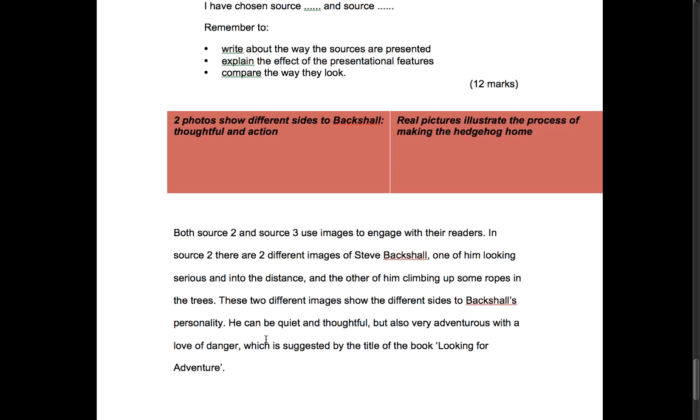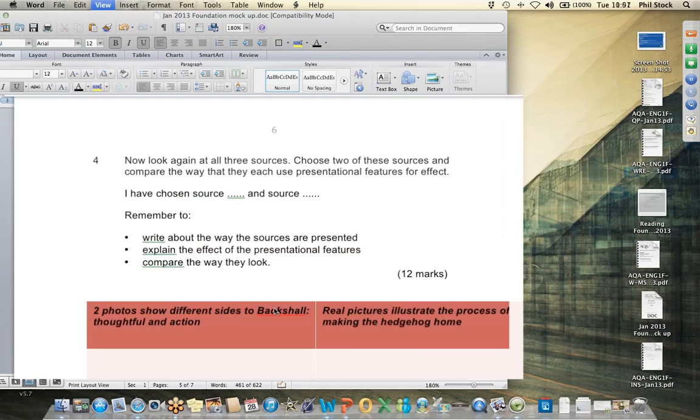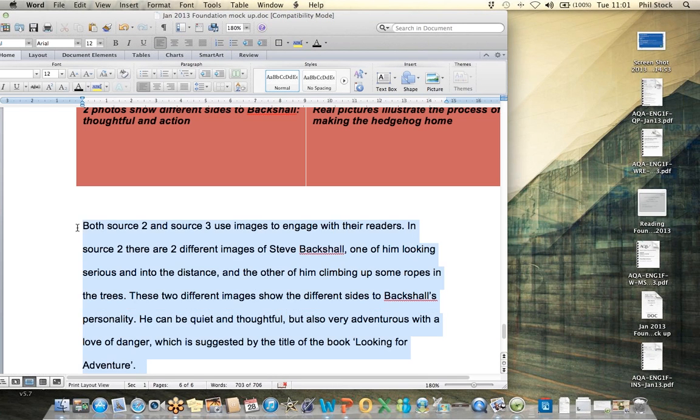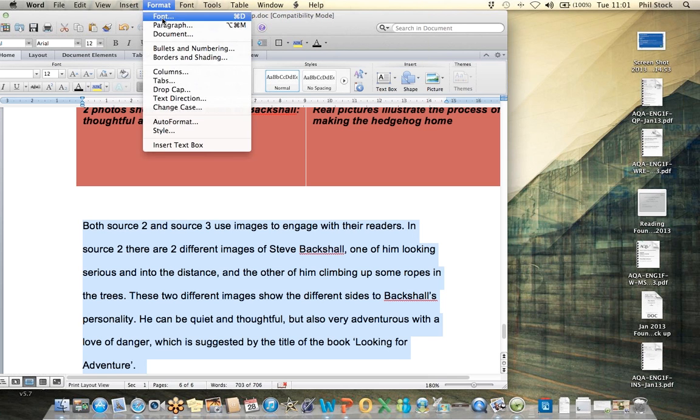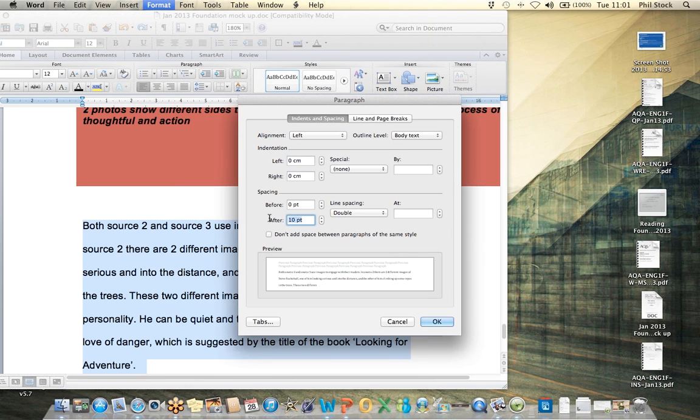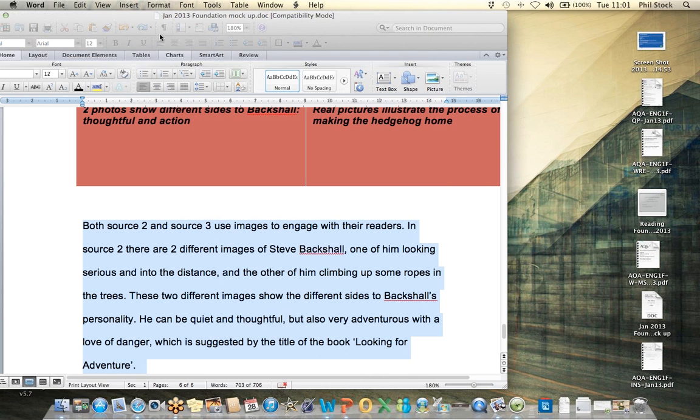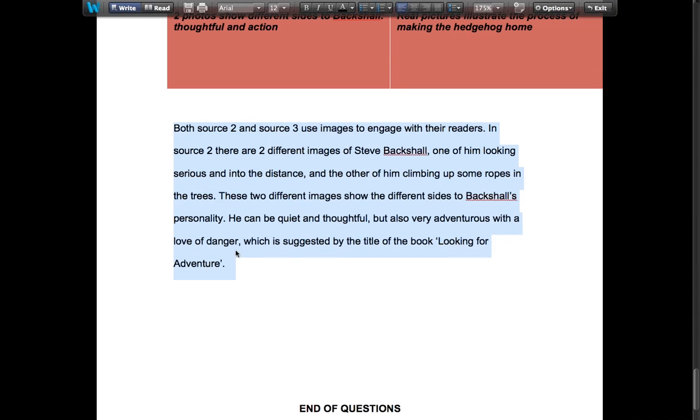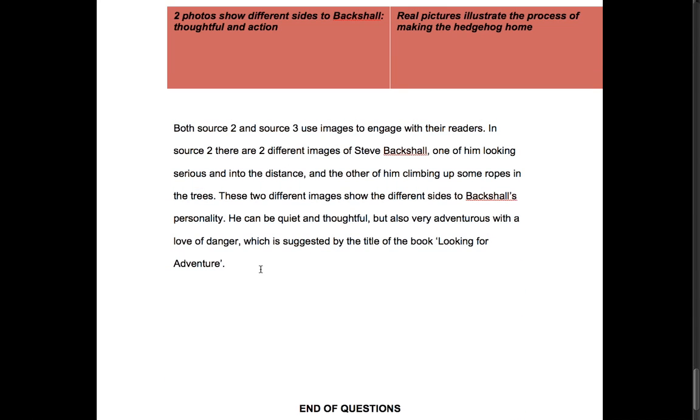Now, I've got a choice here. I can either do this as one particular paragraph, or I can write it as a second paragraph. It depends how you paragraph in your mind. I personally think this is pretty much the same kind of point, so I'm going to keep it in the same paragraph. So I might say now, this contrasts with the use of pictures in source 3.